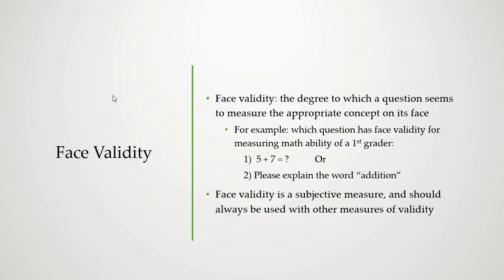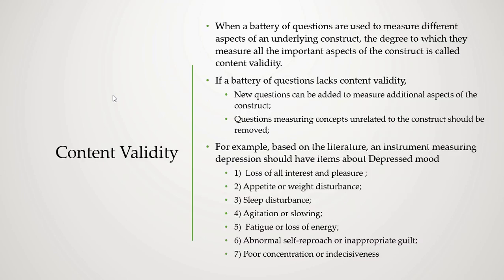Let's start our discussion with the very basic check of validity. It's called face validity, which just means that you look at items on the instrument and provide a subjective evaluation about whether the items seem to be measuring what the instrument is designed to measure.